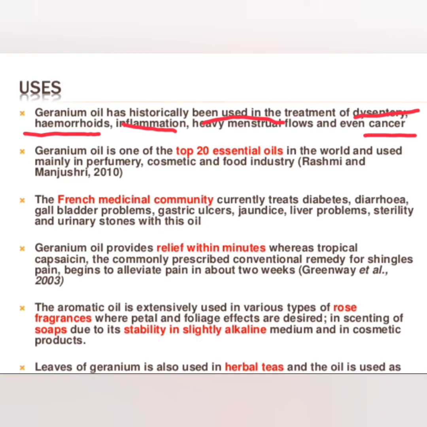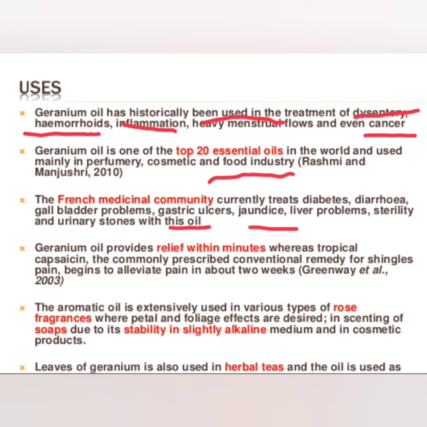And this oil is one of the top 20 essential oils in the world, and it is used not only in medicine, but also in perfumery, cosmetic, as well as food industry. So the French medicinal community currently treats these diseases using the geranium oil.